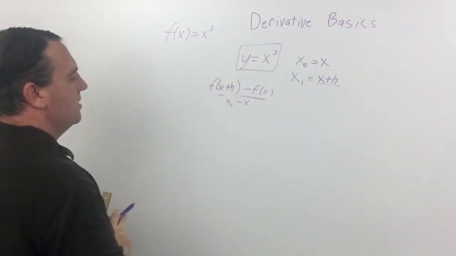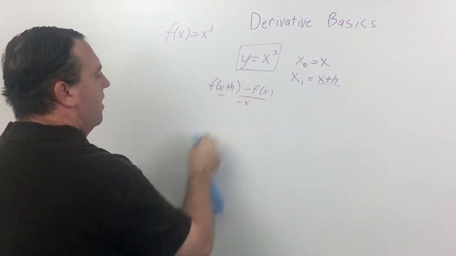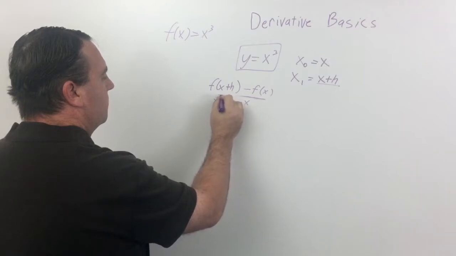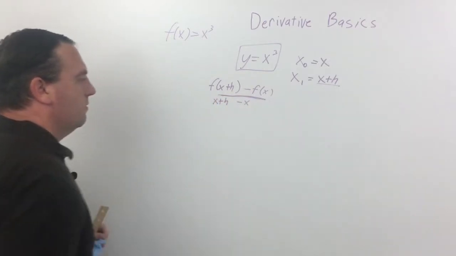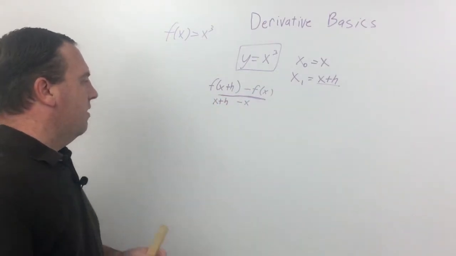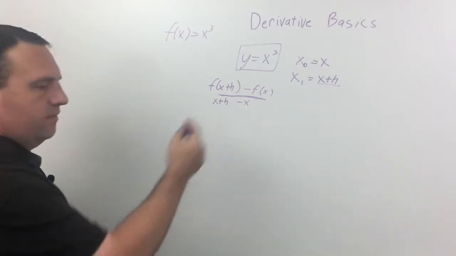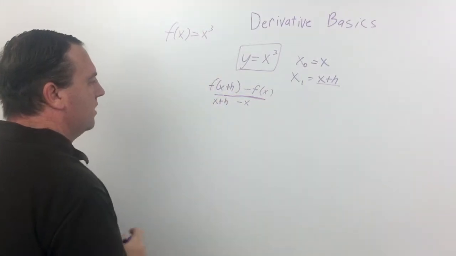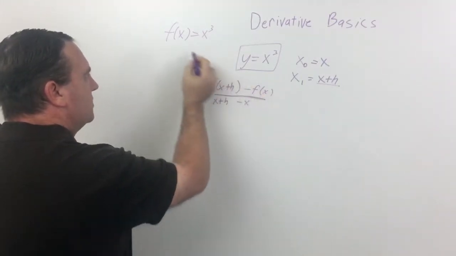And instead of x1 here, we'll have x plus h. Okay. So now this tells me what I'm going to need to do to work the problem. I'm going to have to run x through our function.